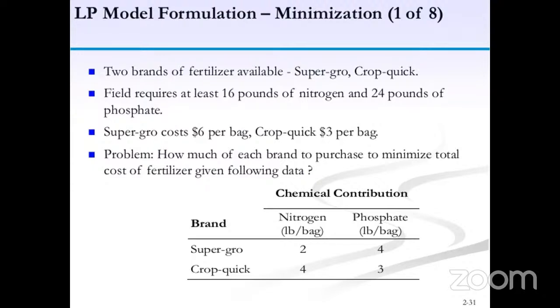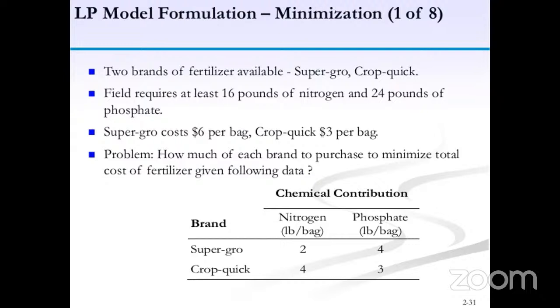The field requires at least 16 pounds of nitrogen. At least, the word you can listen carefully. At least means a minimum of 16 pounds of nitrogen you need to use, and 24 pounds of phosphate you need to use, not less than that. You can use more than that but not less.